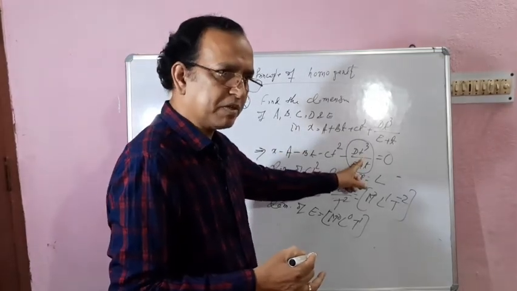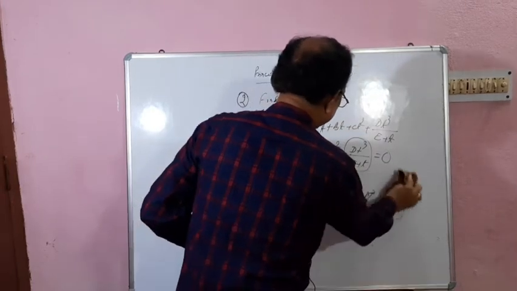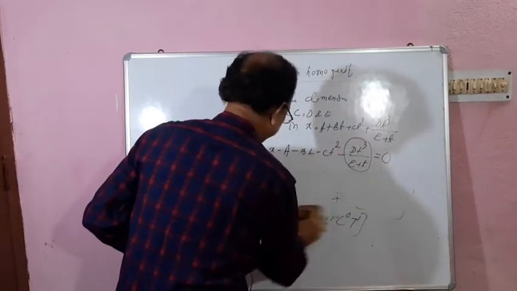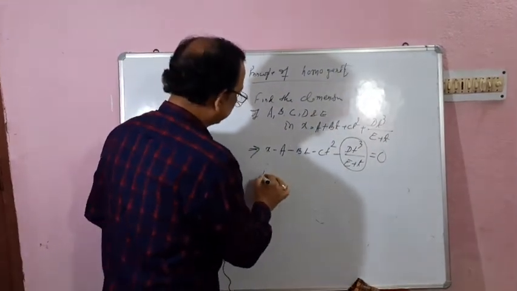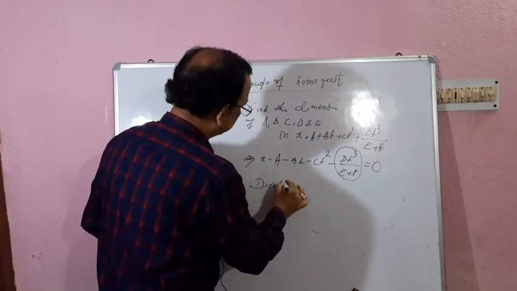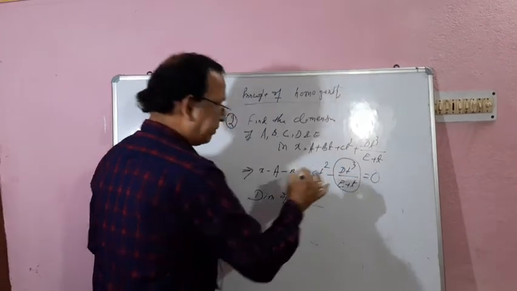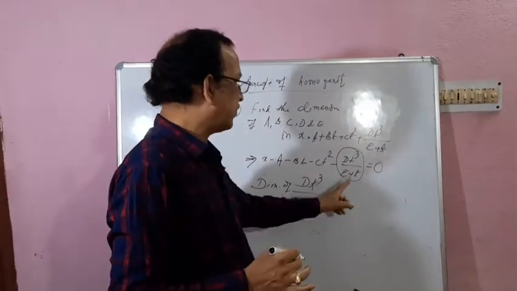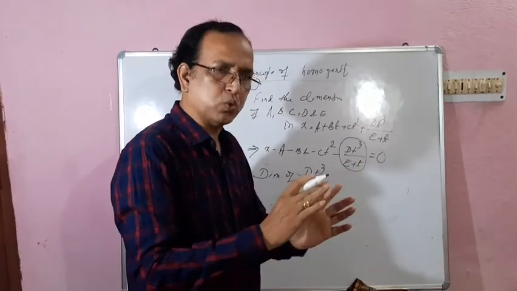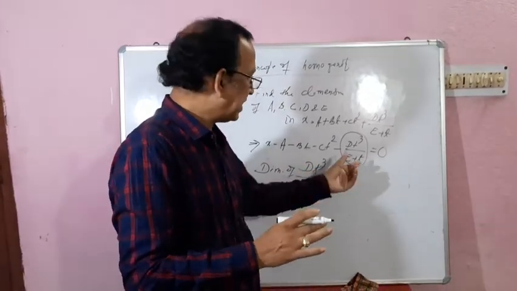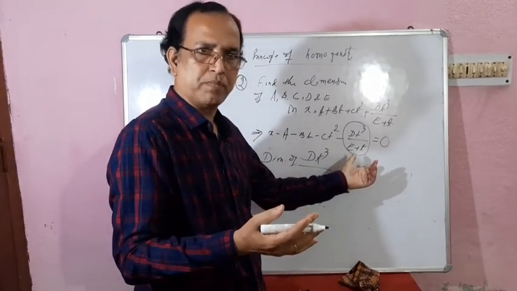For DT square by E plus T: E plus T means the dimension of T is T. T plus T is not T2 or 2T or T square, it is simply T dimension, since the 2 is ignored as a number.